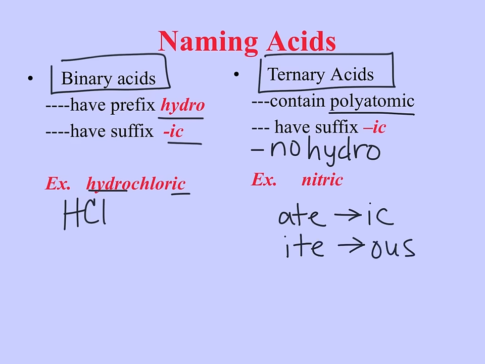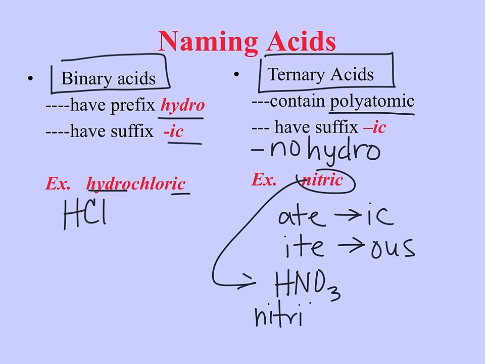So the example here for nitric acid, notice there's no hydro prefix, so that's how I know it comes from a polyatomic ion. So that's HNO3. Okay, then if it was nitrite, then that would be HNO2, to give me nitrous acid.